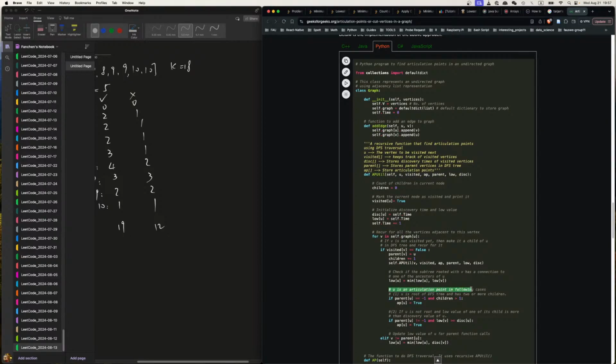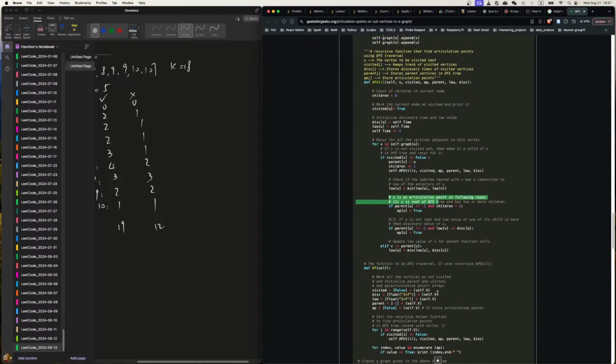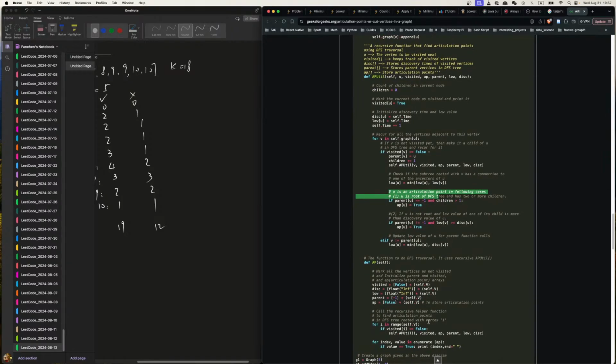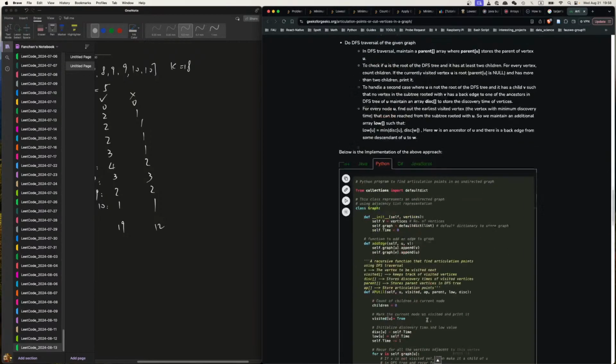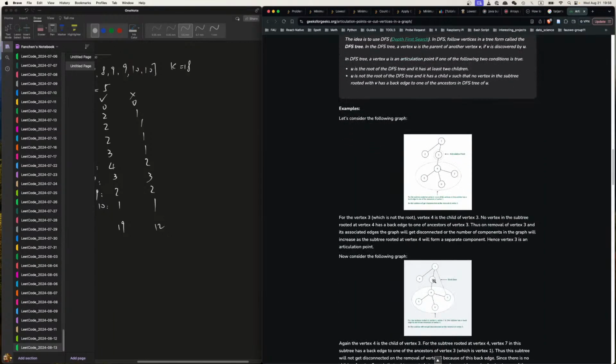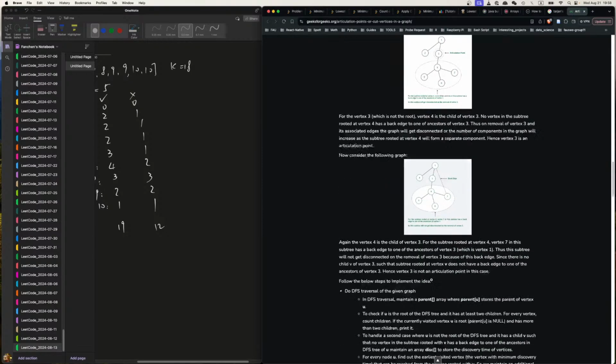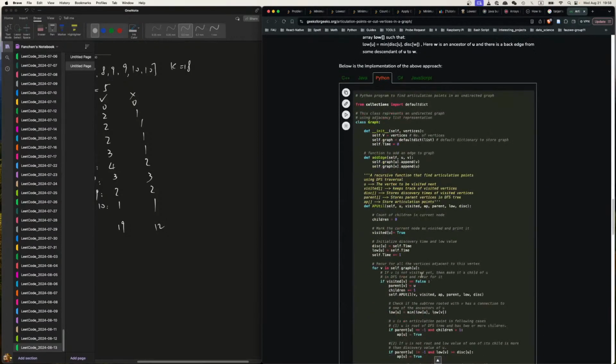U is an articulation point if it's a root, but you decide on who is a root. That's the thing, you decide, right? You go through every single node and you decide who is the root. And I can just make this be 0, right? If I make this 0 and we start, but then we don't go through this.